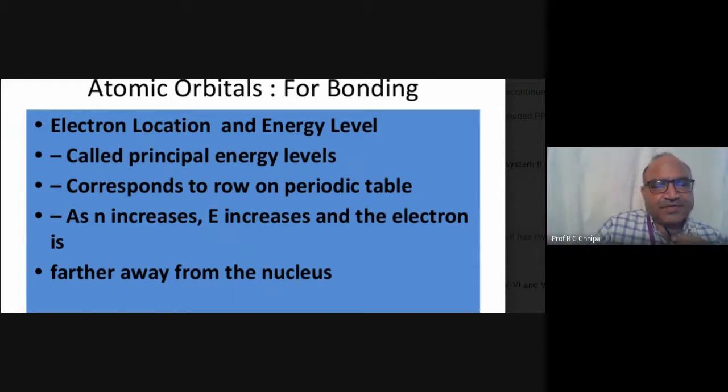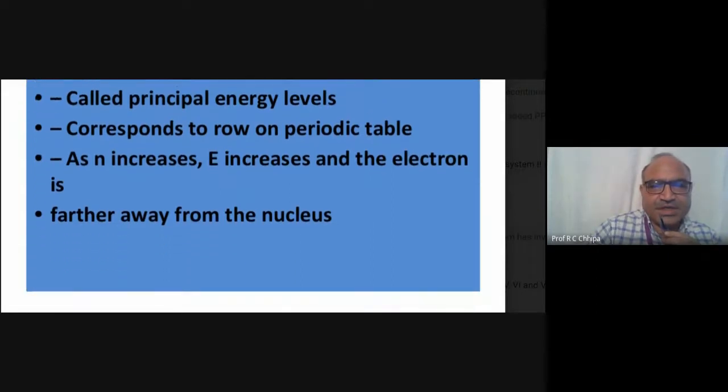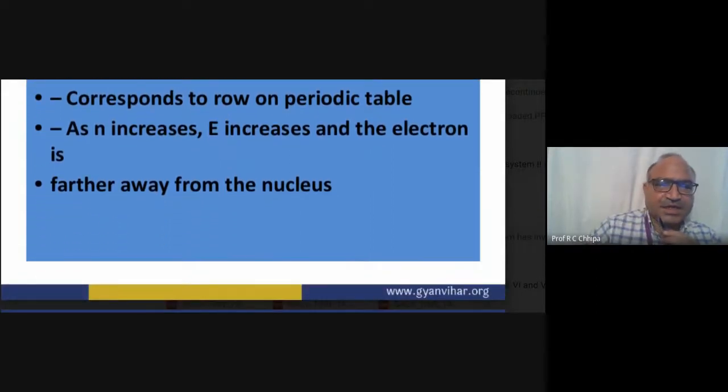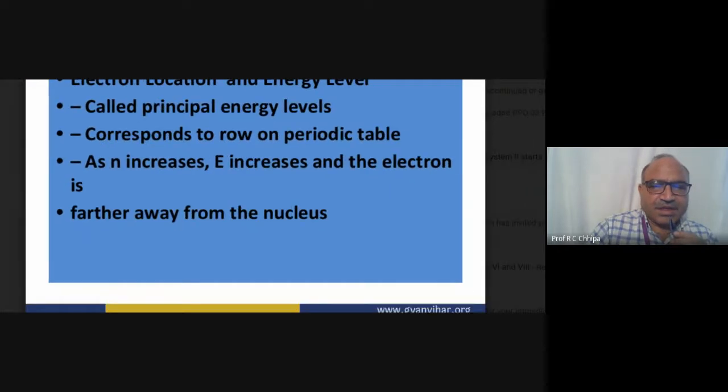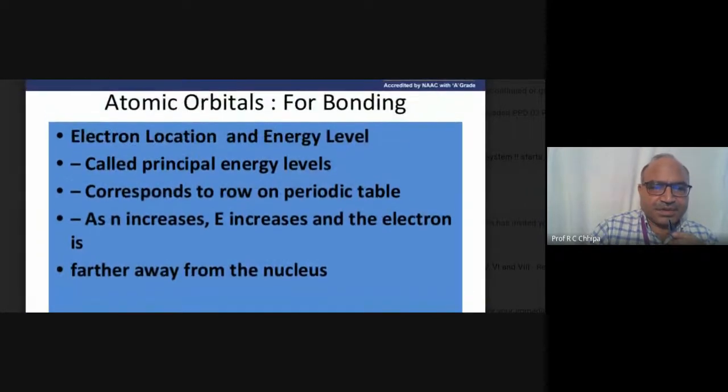First is the principal energy level, which corresponds to the row on the periodic table. As n increases, energy increases and the electron is farther away from the nucleus. So where the electron will be from the nucleus, the energy is also responsible.